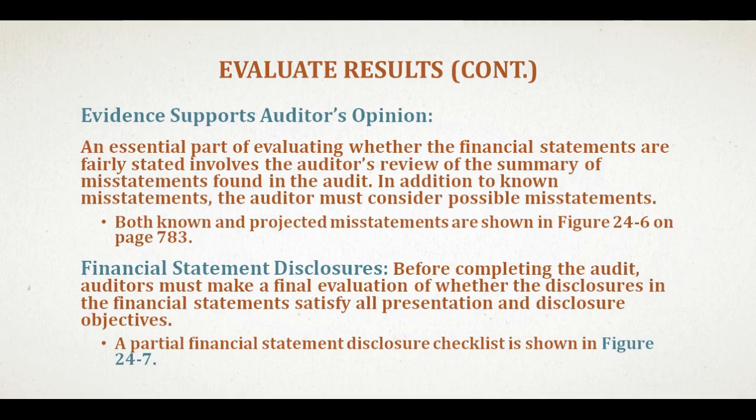Before completing the audit, auditors must make a final evaluation of whether the disclosures in the financial statements satisfy all presentation and disclosure objectives. A partial financial statement disclosure checklist is shown in Figure 24-7 of your textbook.